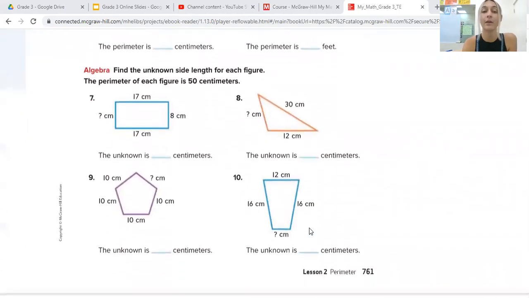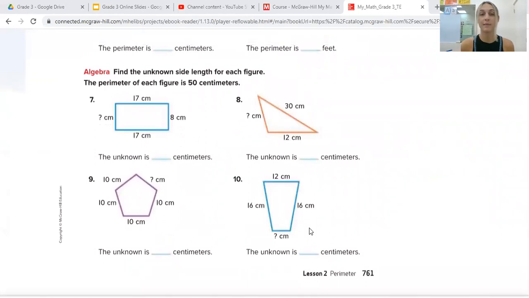Now here, you have some unknowns, like that second part on the last page. You are given almost all of the side lengths, but one is missing. But here, this is important. Each figure, the perimeter of each figure is 50 centimeters. Let's just underline it.